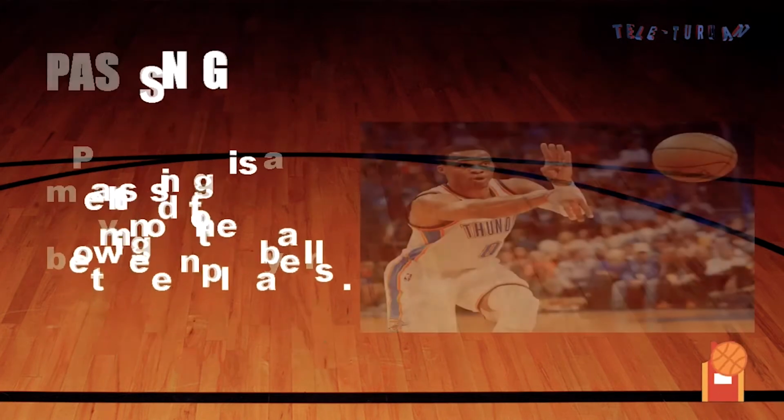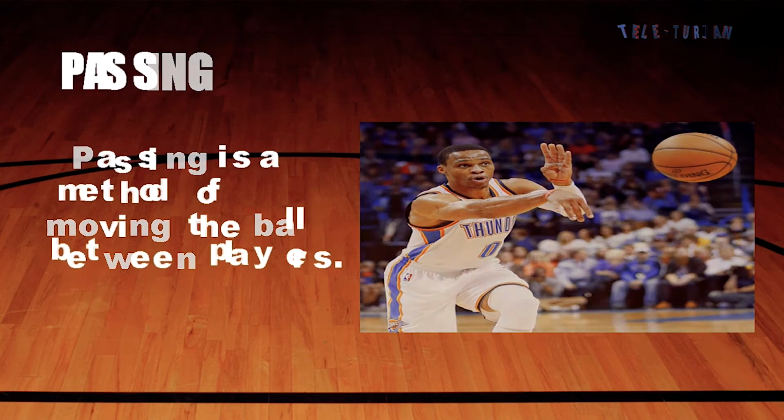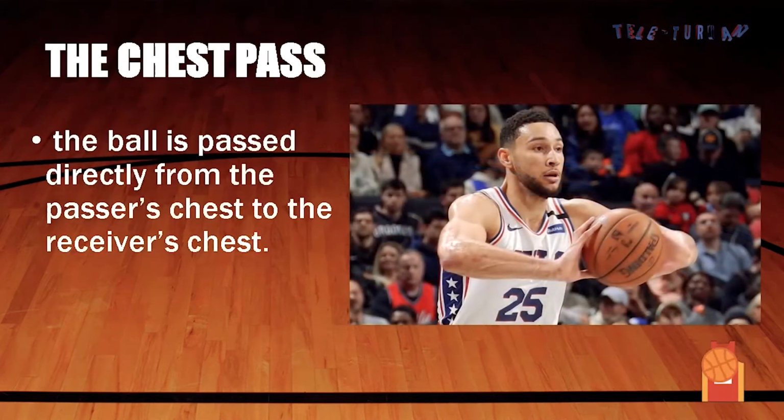The fourth basic skill of basketball is passing. Passing is a method of moving the ball between players. I will show you pictures of three most common types of passing. The chest pass, the ball is passed directly from the passer's chest to the receiver's chest.